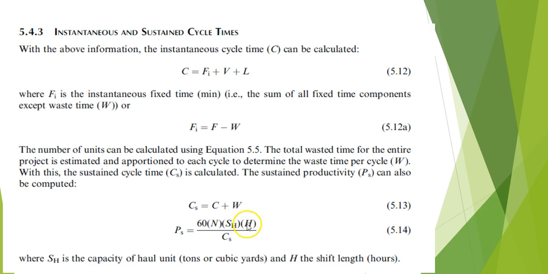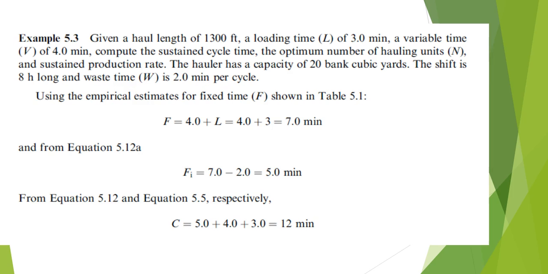And again, that's a function of the shift length, how many hours a day that you're going to be working, in hours. SH is the capacity of haul, again in either tons or cubic yards. And then we see the sustained cycle time and the number of vehicles, so that you can go ahead and get, again, a feel for production.